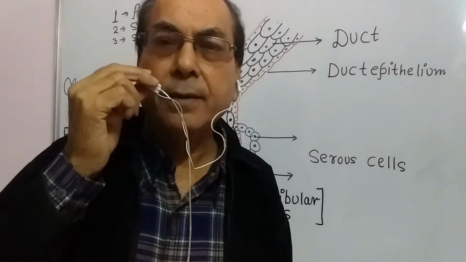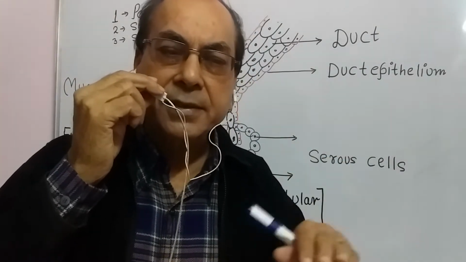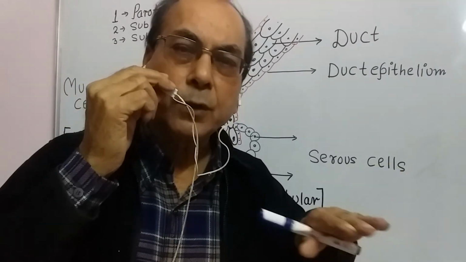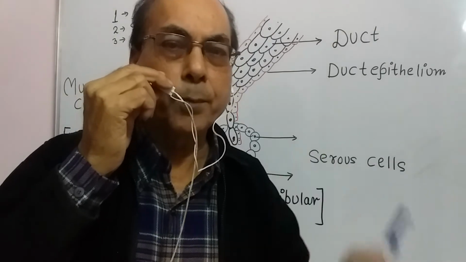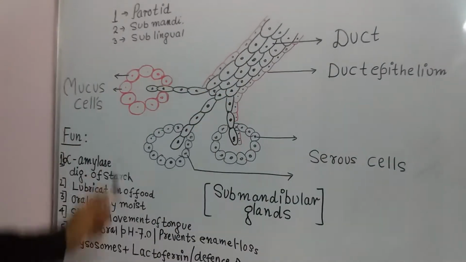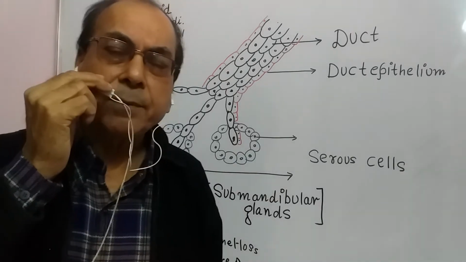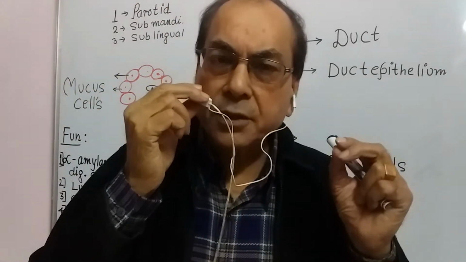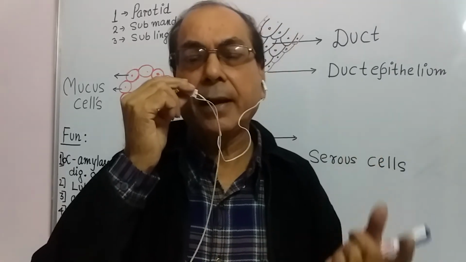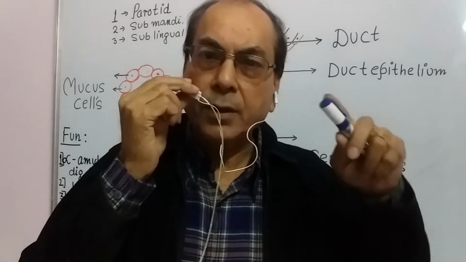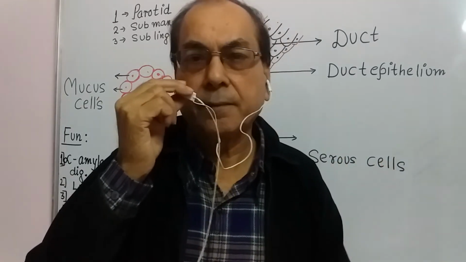Again, this is a pair, about the size of a walnut, present beneath the jawbone, in the lower portion. And the third one is the sublingual. The sublingual glands are the smallest, a small pair present beneath the tongue.